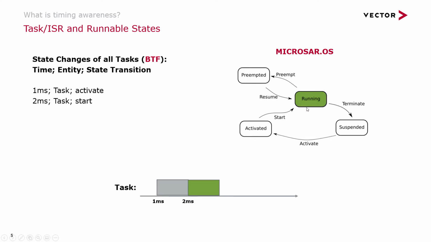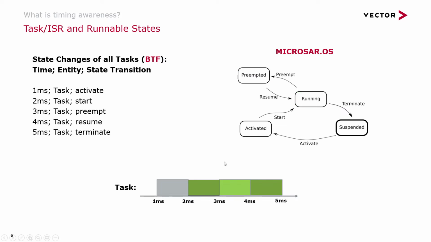It could be preempted or it could be terminated. Now here we are getting preempted because there's another task with a higher priority, which is now running on this core. Then at the end of this period, the task gets back to running and now finally gets terminated and suspended.